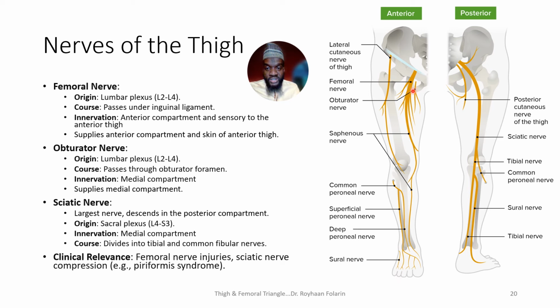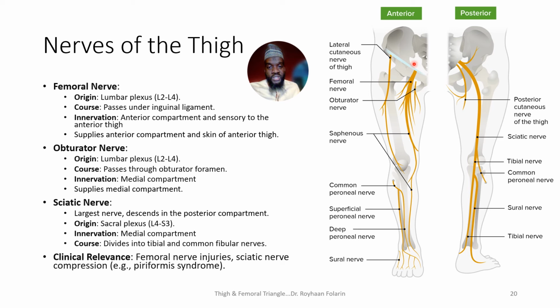So the femoral nerve is the first, and it originates from the lumbar plexus, L2, L3, and L4, L2 to L4. Remember when we discussed the branches of the lumbar plexus, the femoral nerve is also one of those branches.